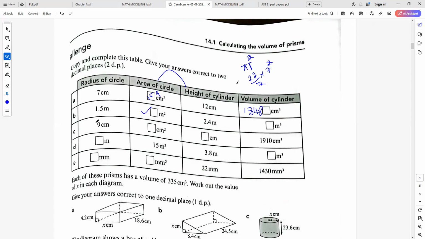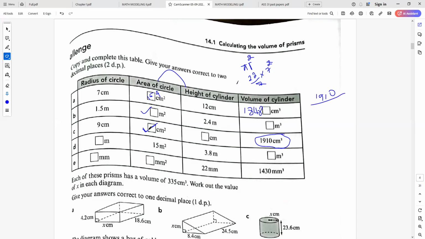Now here 9 centimeter is given, right? So you will find out the area by applying this equation. Then you have been given the volume, and you are asked to find out the height of the cylinder. You have found out this value also. So to find the height of the cylinder, you just divide the volume by the value that you obtained as the area of the circle.